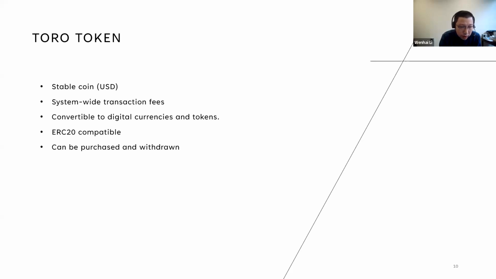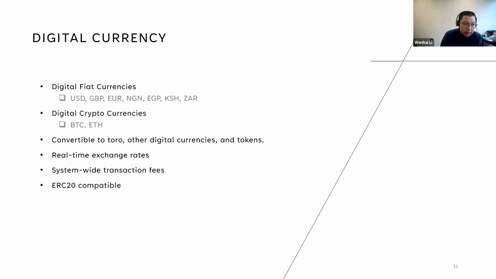If you are a customer who wants to invest in Toro, for example, to spend some Naira to get Toro, we have the tool that allows them, through their bank account, to spend the real currency and get Toro. So that is Toro. The next one is the digital currencies.